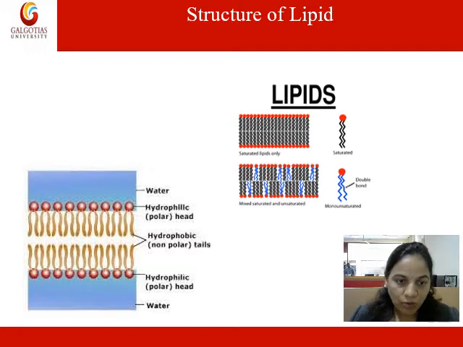In the cell, it performs its activity or cell exchange within the cell membrane. You can see this is the water orientation. Water is present near and around the head part, which is the hydrophilic polar head, whereas the tails are non-polar and hydrophobic. So water orientation is found only around the hydrophilic polar heads.